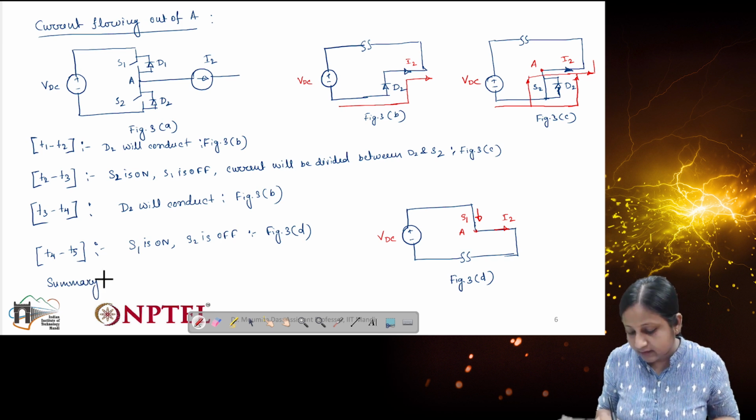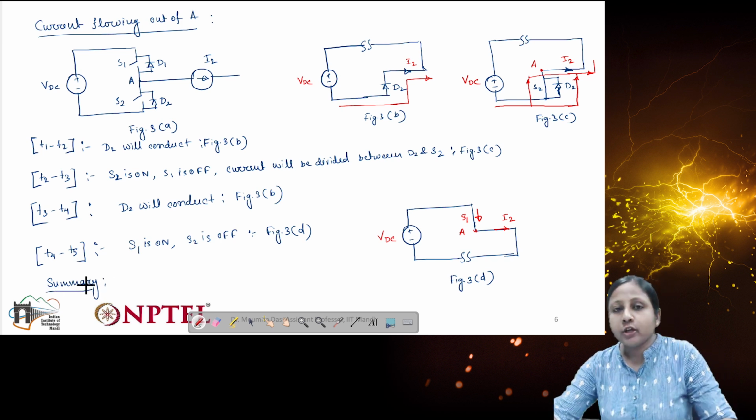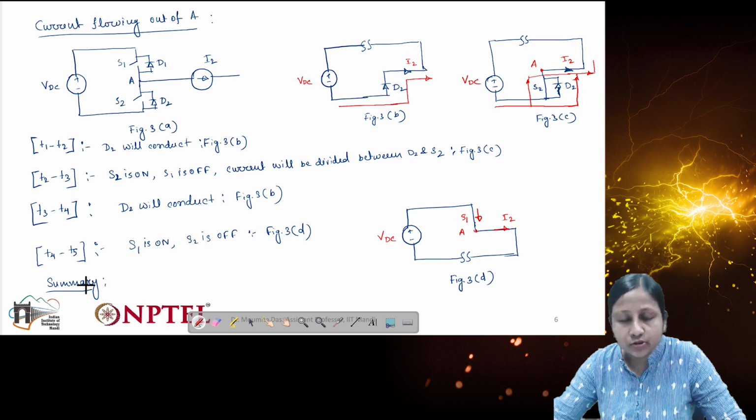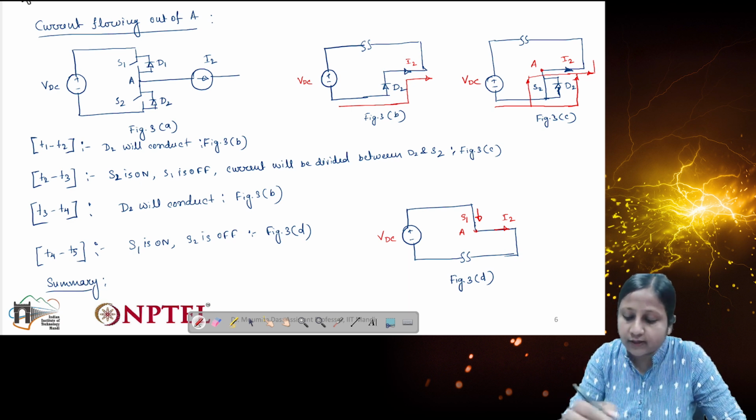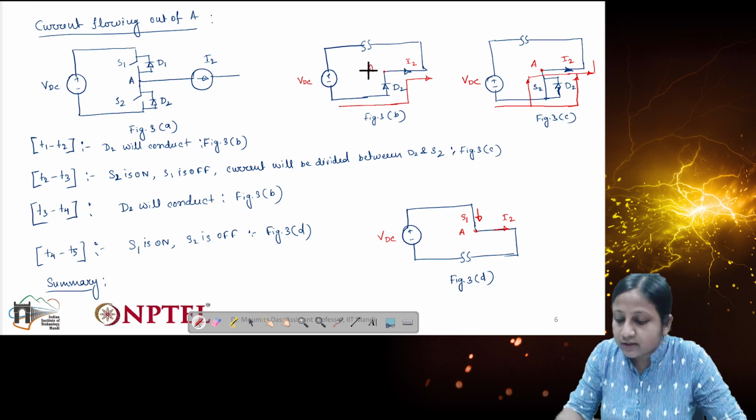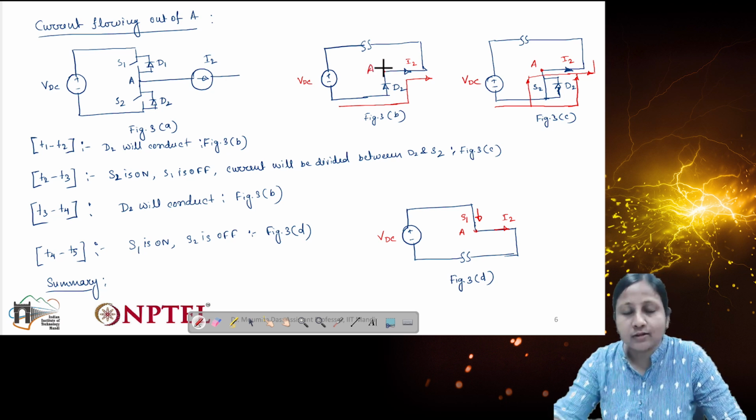So the summary of this particular operation is, if we consider a situation where current is flowing out of point A or any particular phase, then again, similarly to the previous case, we can consider only one switch and one diode, but this time the switch and diode will be complementary to the previous case.